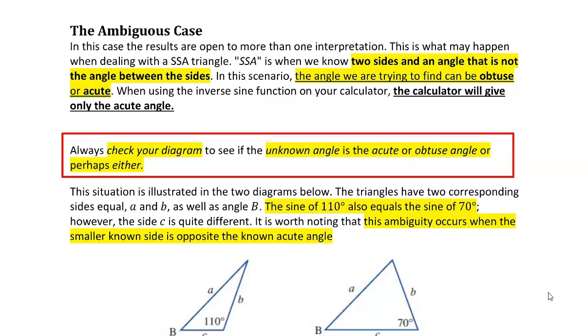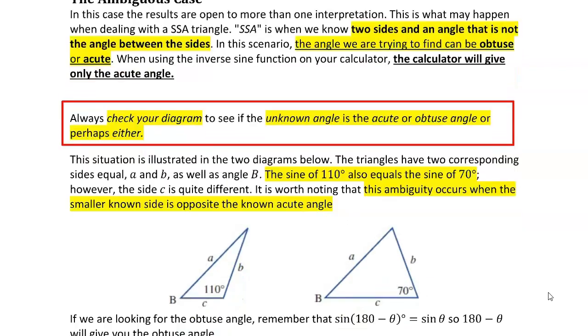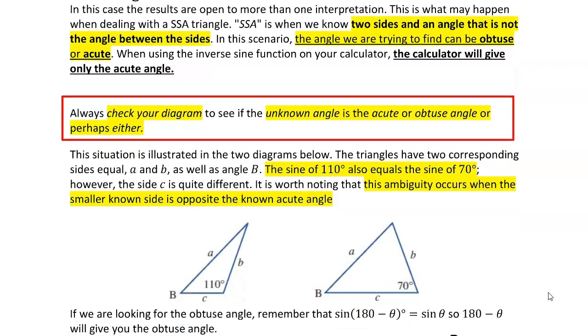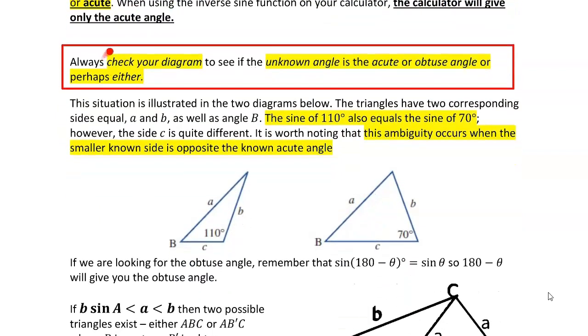Now, those of you who've done methods, at least in year 11, will understand about that when you think about the circular functions. So if you have a diagram, you must check it to see if that unknown angle is acute or obtuse. Now, if you don't have a diagram, this is when you have to start making some assumptions, or they'll give you more information.